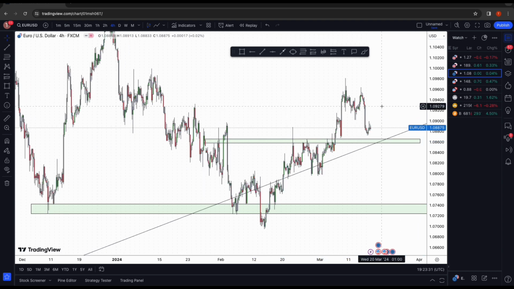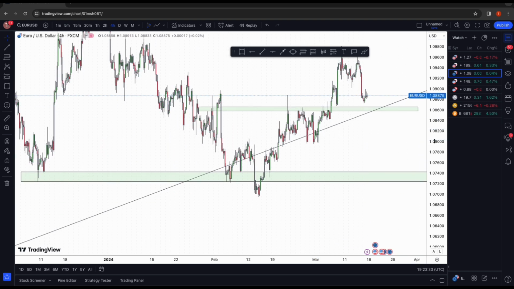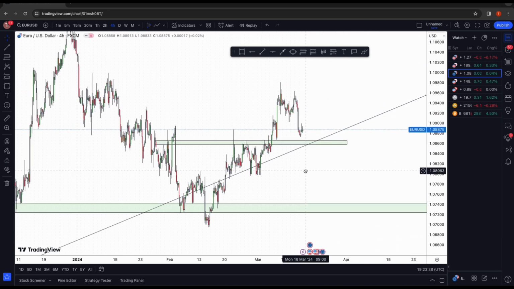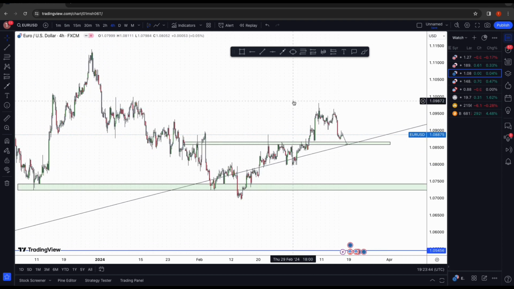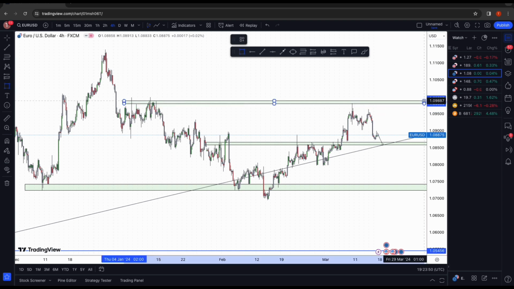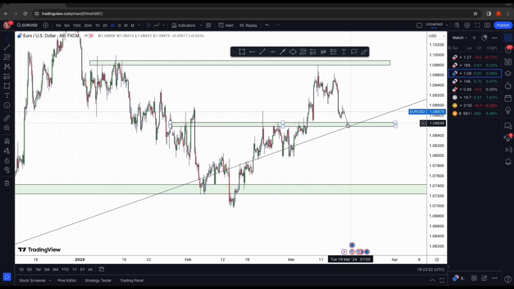Not quite come back down to retest it yet. So I guess what we'd be expecting is price to come down to this level and continue long, and maybe even further.